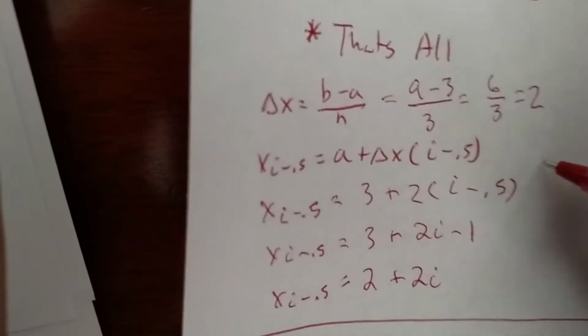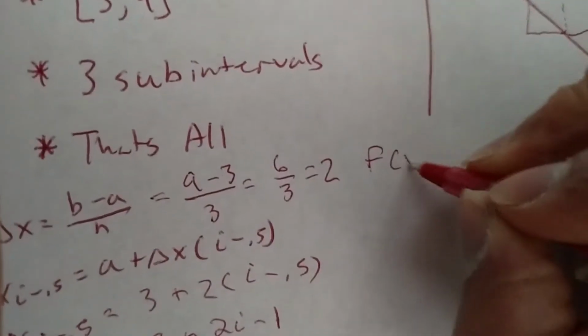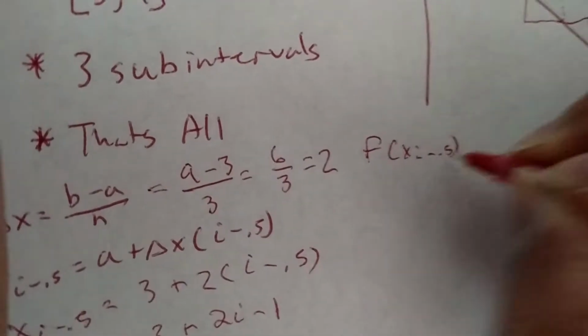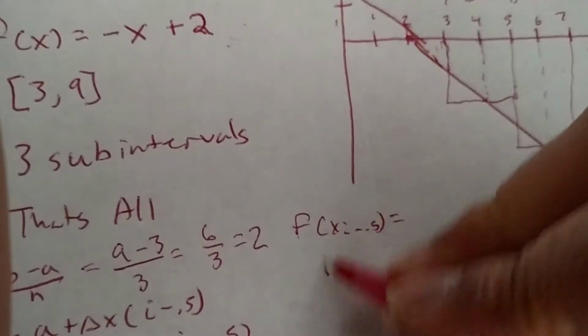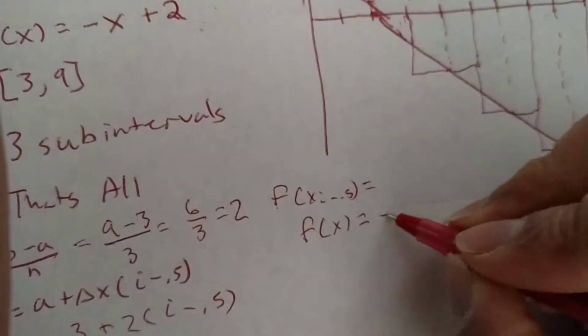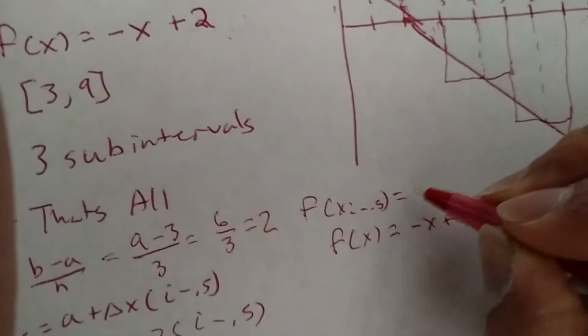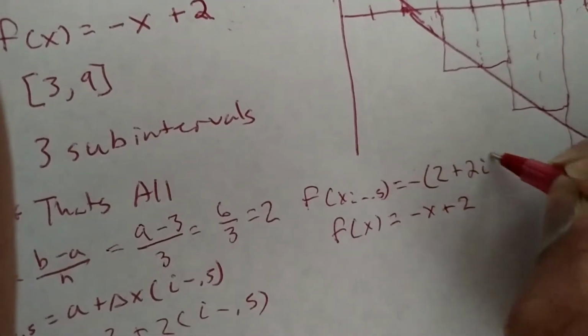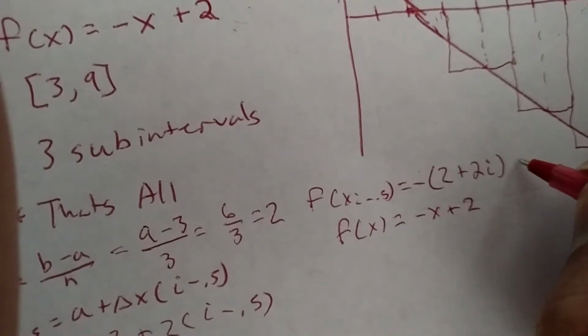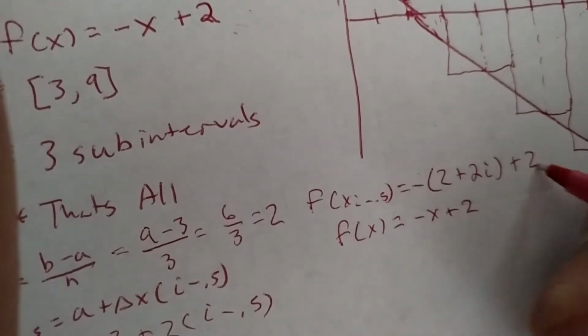Now we need our f of x of i minus 0.5. This is going to need me to reflect upon what f of x was. That's what it was, negative x plus 2. So this is going to be negative parentheses 2 plus 2i plus 2.